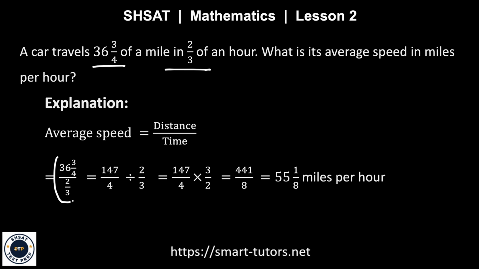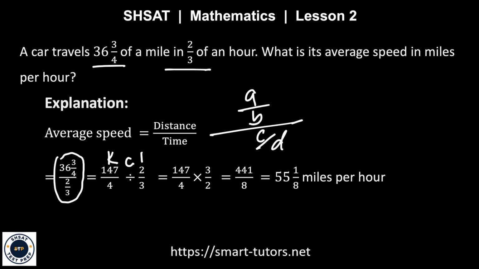So you could see here the way we did it, a over b divided by c over d. So follow the rule: keep, change, flip. That is exactly what we did here: keep, change the sign, then flip it. When you multiply that, that gives you 41/8, and make this improper fraction into a mixed number. So that gives you 5 and 1/8 miles per hour.